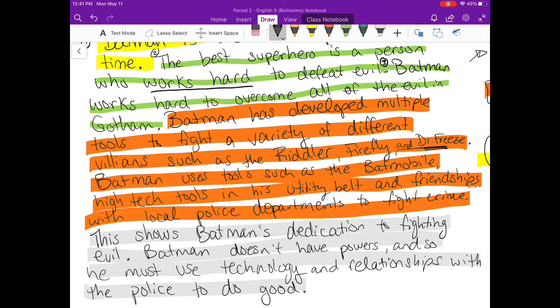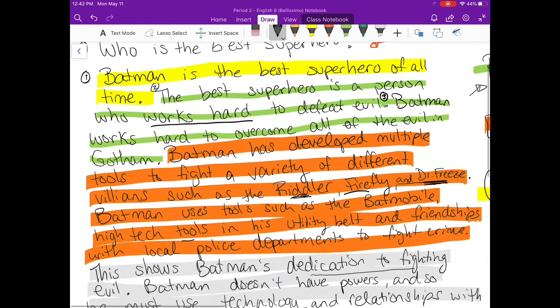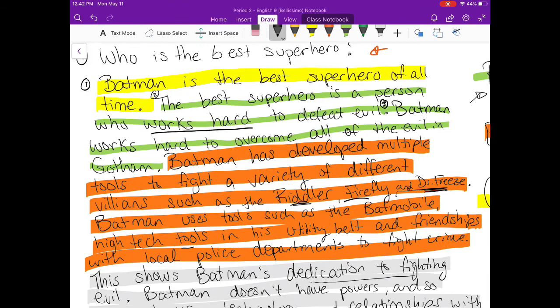So what that he has different villains, and so what that he has all these tools that he's developing? Well, the so what is, it shows his dedication. In order to develop all of this, and to fight all of these different people, he has to work really hard. And so he has a dedication to fighting. So we're showing that that's why he's the best superhero.